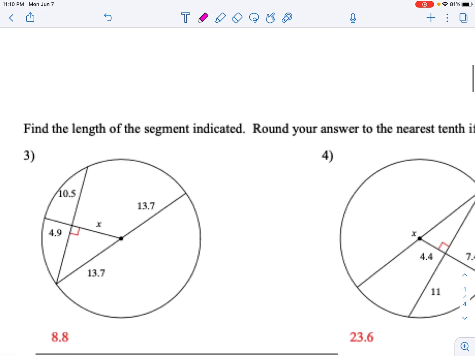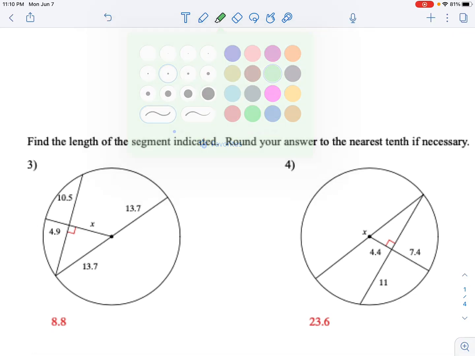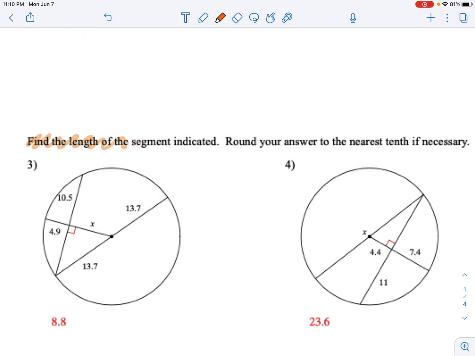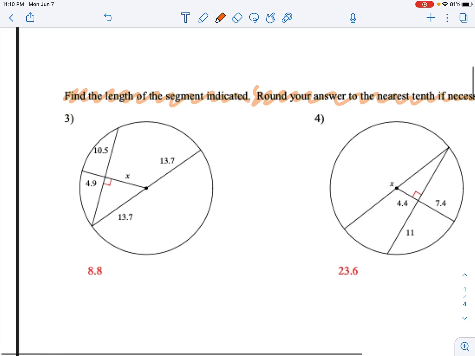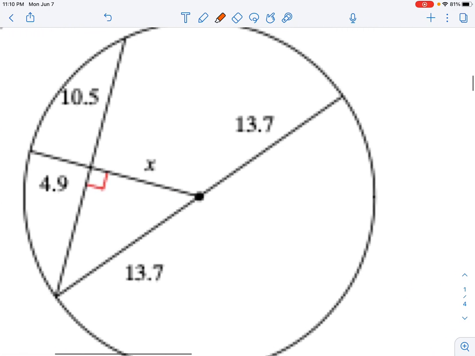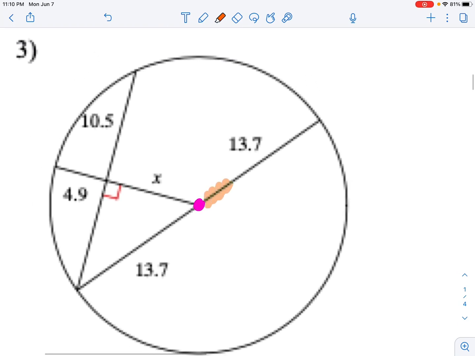All right, let's go to number 3. Number 3 has a new set of instructions. We're going to find the length of the segment indicated. We are going to round to the nearest tenth if necessary. On this one, everybody, we remember that we have the center of the circle and our vertices.